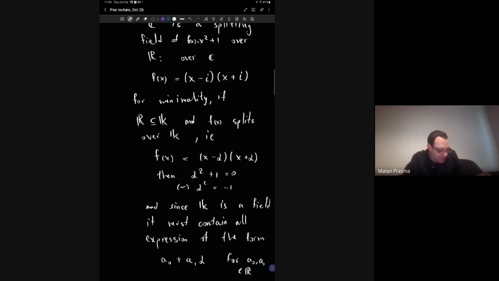Because a field is closed under addition and under multiplication.